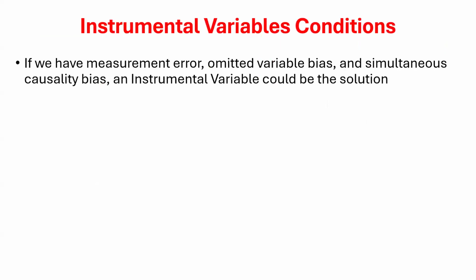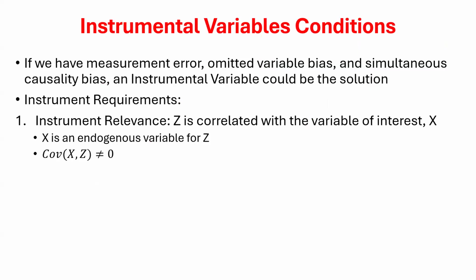Okay? So we're going to have two conditions for a good instrument, right? The first is what we call the endogeneity condition. So this is going to be, we're using some instrument Z, right? It's not currently in our regression. It needs to be correlated with the X variable we want to find the causal effect of.